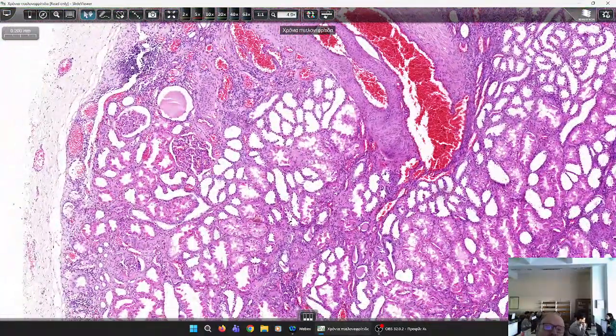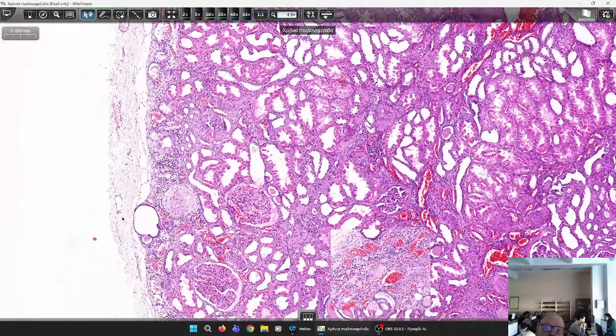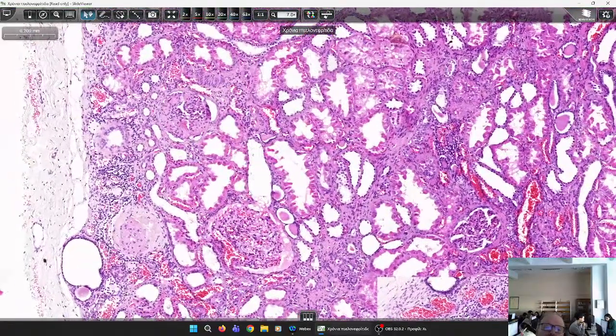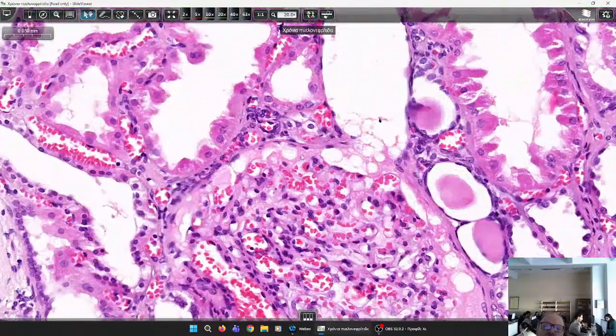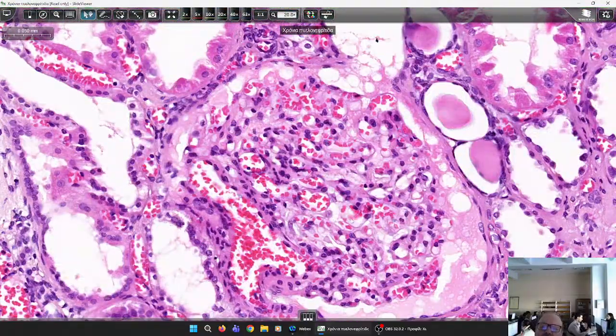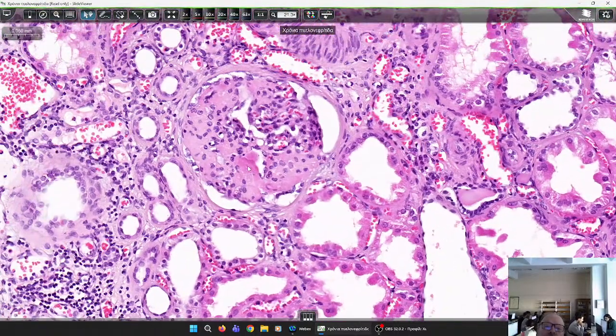Let's have a look at the glomeruli, which, not receiving properly adequate blood supply, look what has happened to them. This one is okay. What about this one?